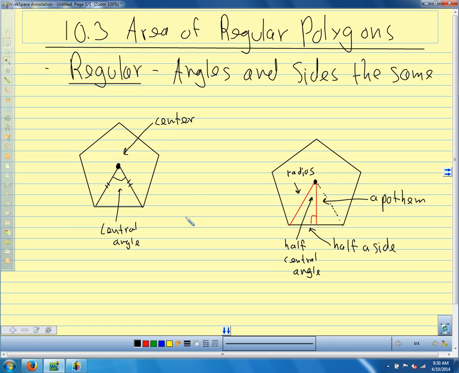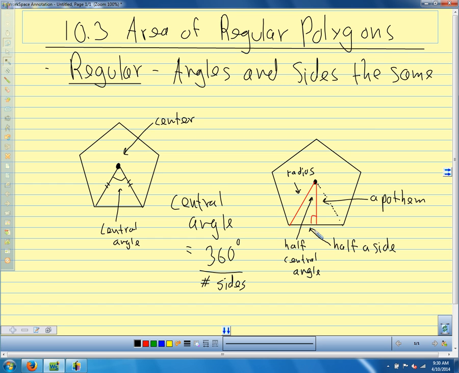So the central angle of any regular polygon is 360 degrees divided by the number of sides. That will be important because we'll need to find the measures of these central angles.